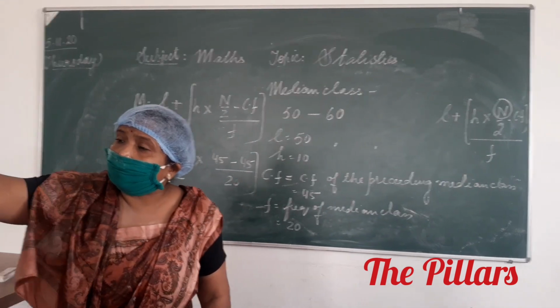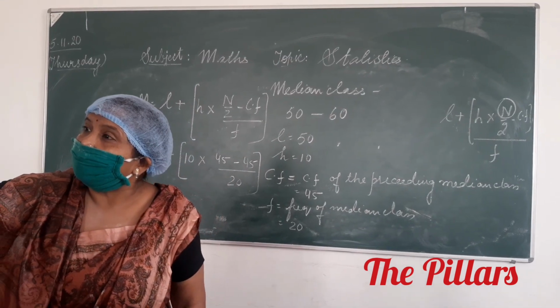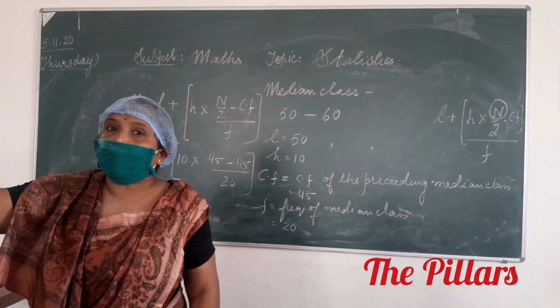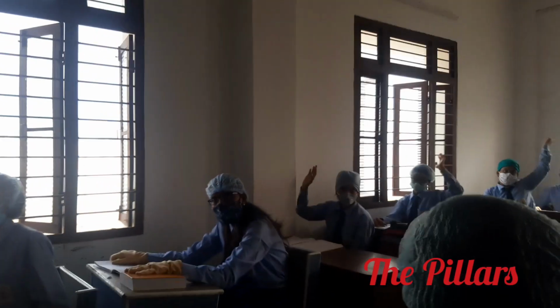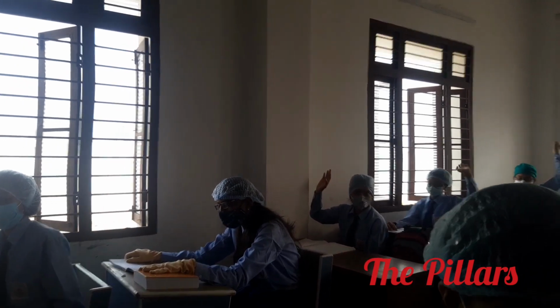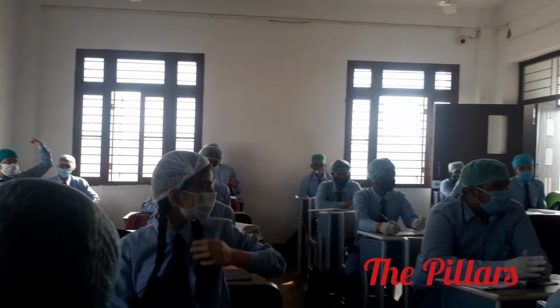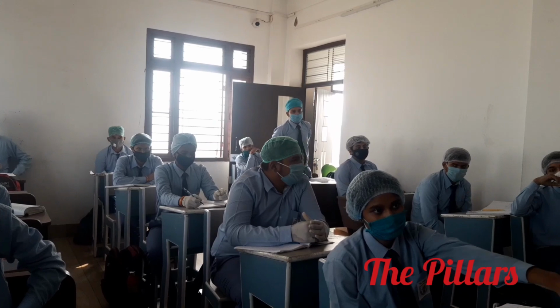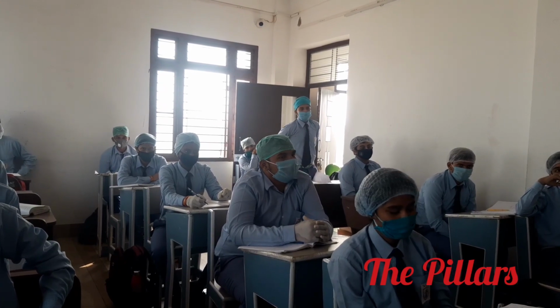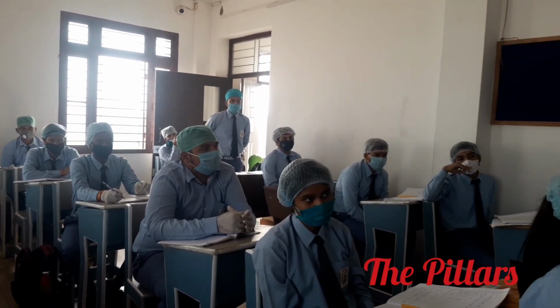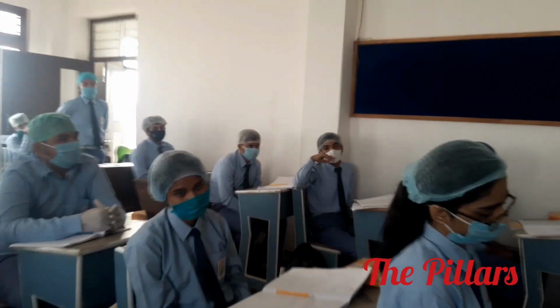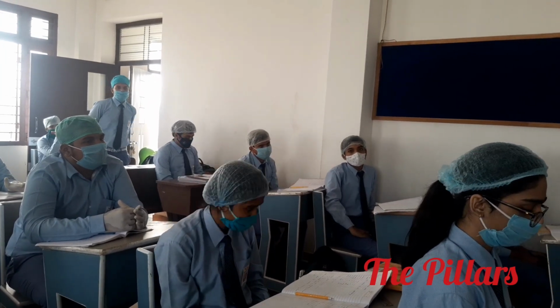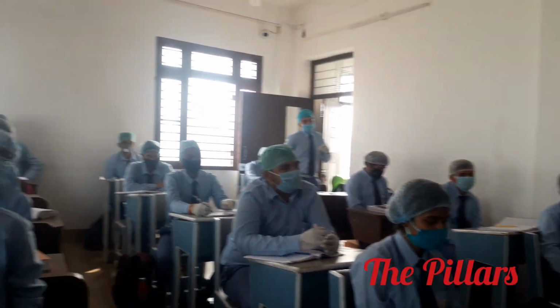And 20 to 30. Which all observations will you take here? 20 to 29. You will not include the upper limit.